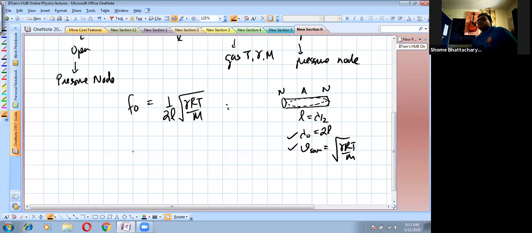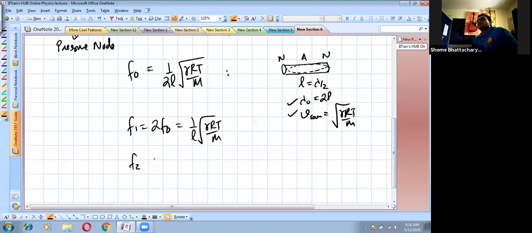Like that, the first overtone becomes the second harmonic. The second overtone becomes the third harmonic. And correspondingly, nth overtone is the n plus 1th harmonic. So the second overtone has the midpoint as a node and two antinodes in between.